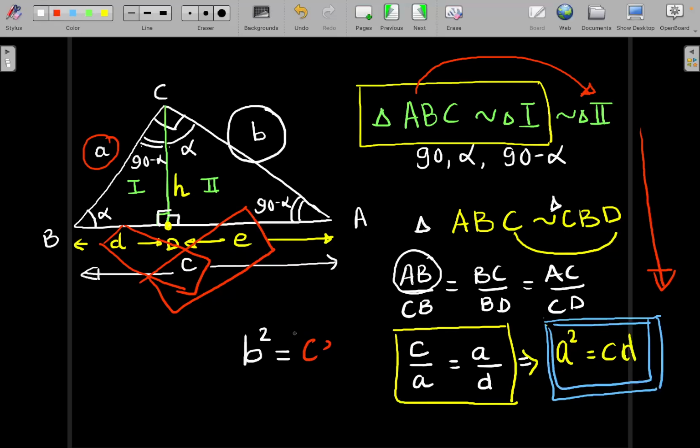Okay, so B square is equal to CE. Now, this is the wonderful result I am looking for. So let me box this.